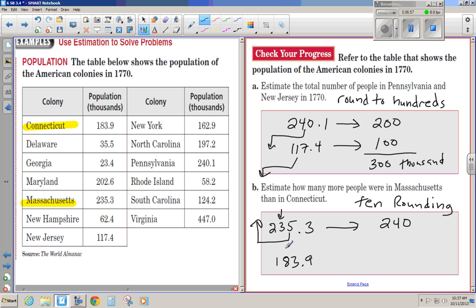We're rounding to the tens position, so it's 3 to the floor. So that rounds to 180. So we need to now estimate this subtraction. What is the difference? The difference is about 60,000 people. That is the estimated difference between Massachusetts and Connecticut.